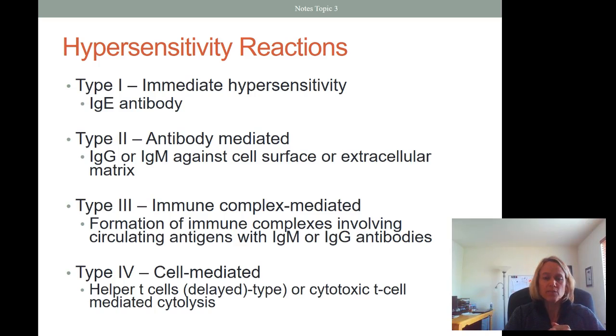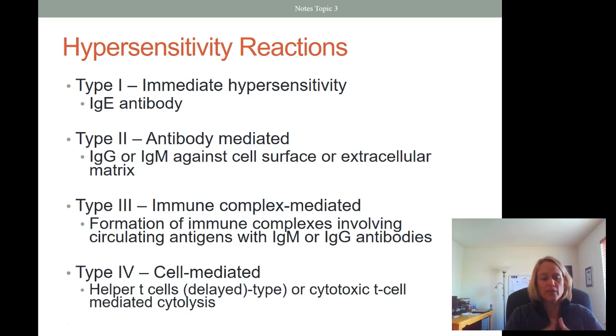Type 3 is an immune complex mediated mechanism of action, and this is where we get antigen antibody complexes and the antibodies are IgM or IgG, and they get deposited in the circulation. This can occur in some types of allergies and in autoimmunities. And then the above three are all antibody mediated and occur fairly quickly.